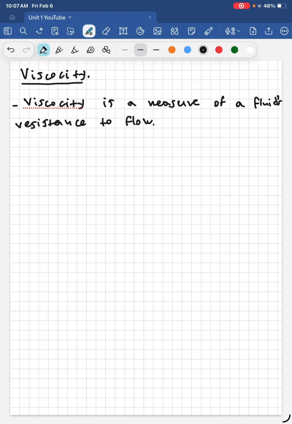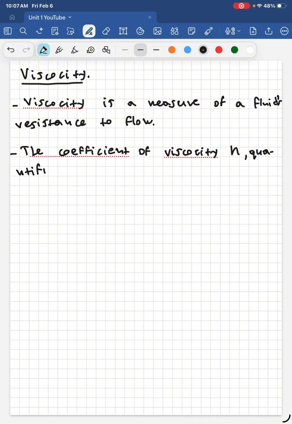The coefficient of viscosity, eta, quantifies a fluid's viscosity.